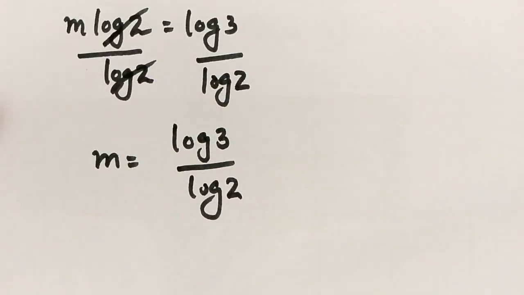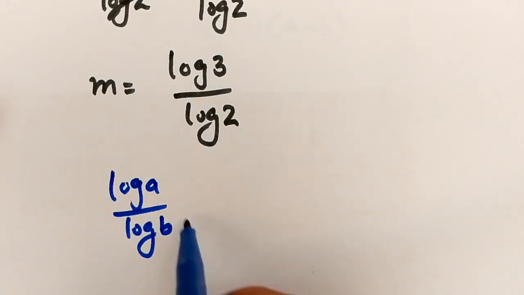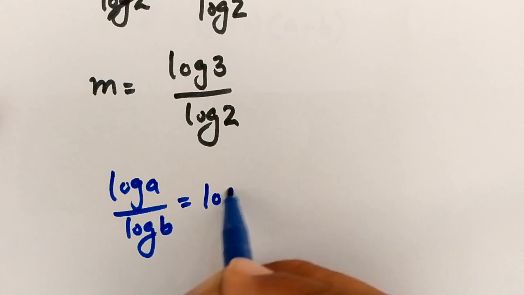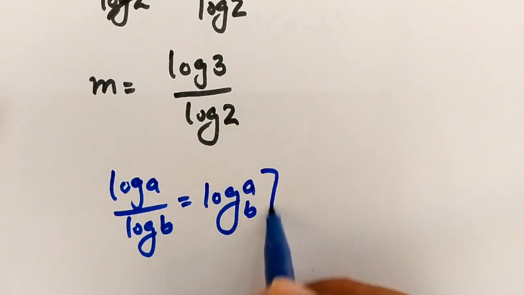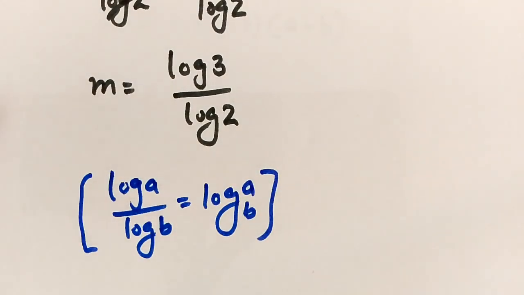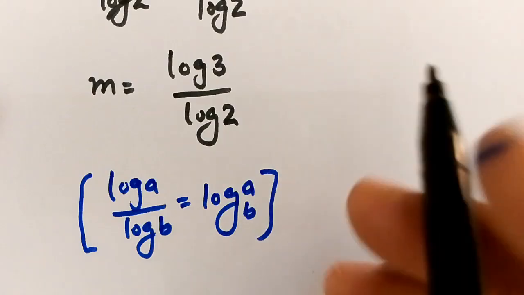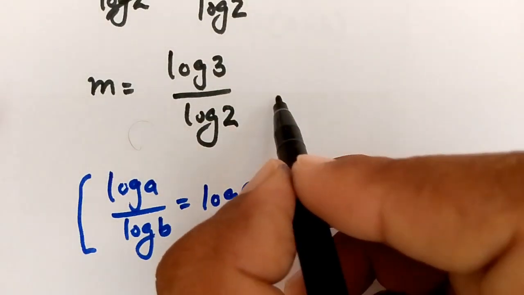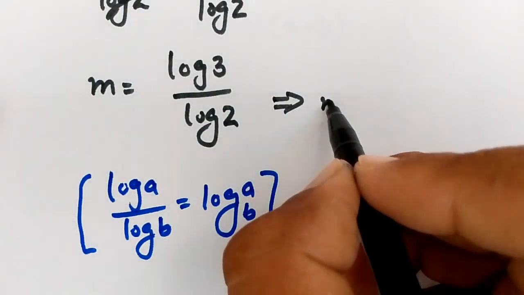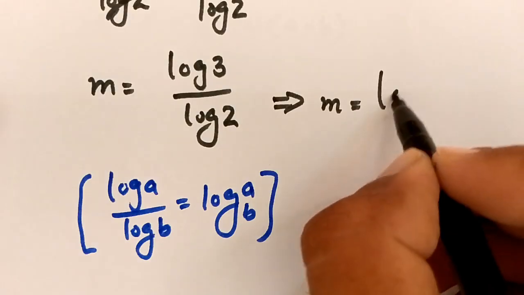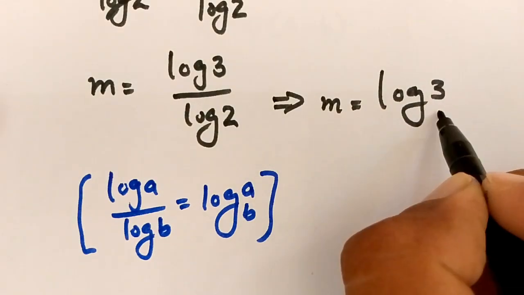Now we know that log of a divided by log of b is equal to log of a with base b. So to apply this condition, this will become m is equal to log of 3 with base 2.